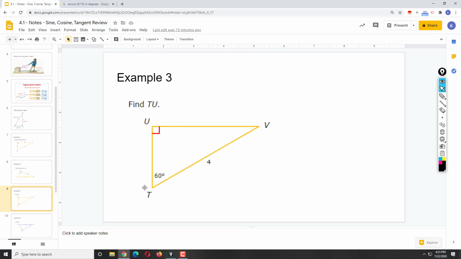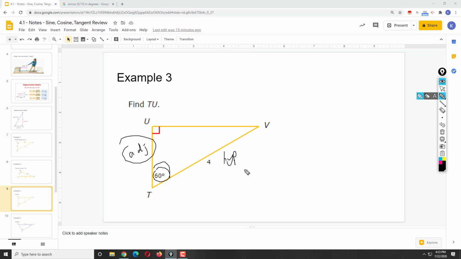We want to find TU. So we're using this angle, 60 degrees. Given this angle, TU would be the adjacent, and UV would be the opposite. We have the adjacent here, and we have the hypotenuse. Well, we want to know the adjacent, and we have the hypotenuse.